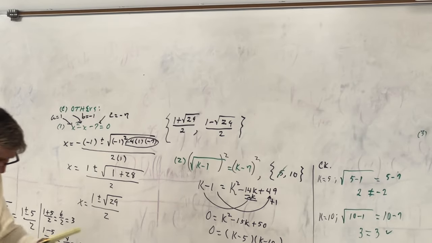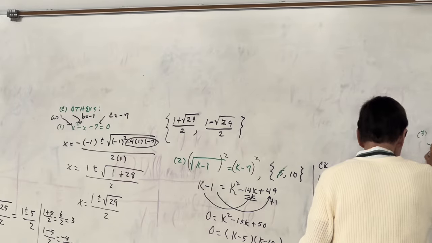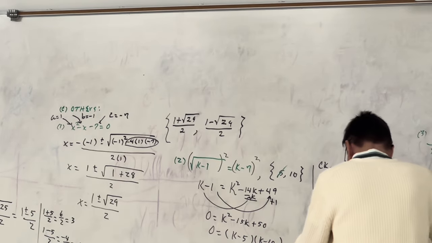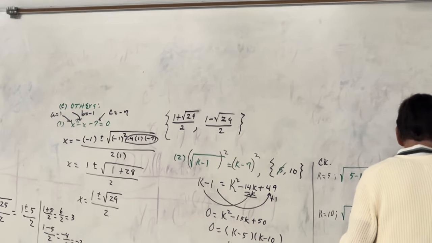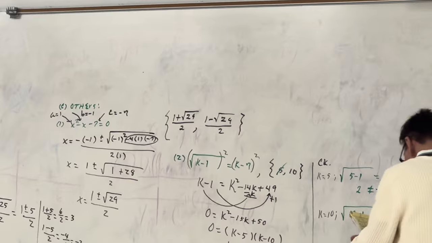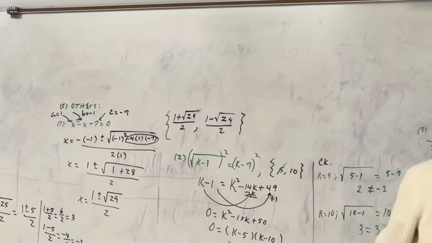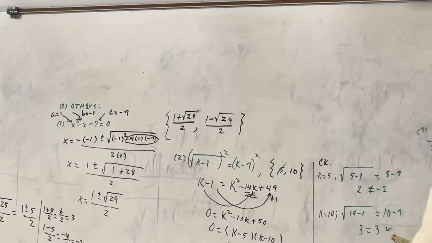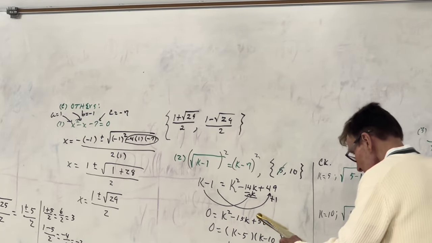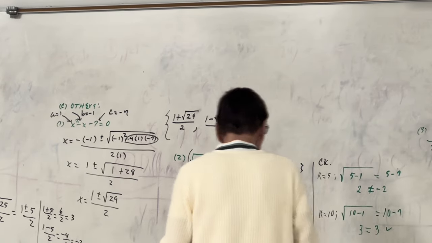It looks like this. 2 over x subtract 2 equals 3 over x plus 5 plus 10 over x squared plus 3x minus 10. Looking good.